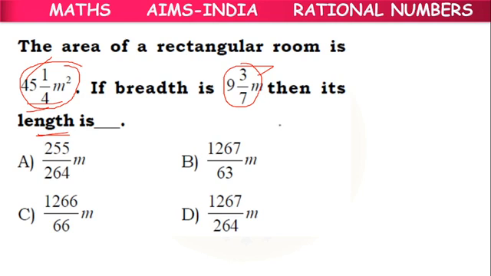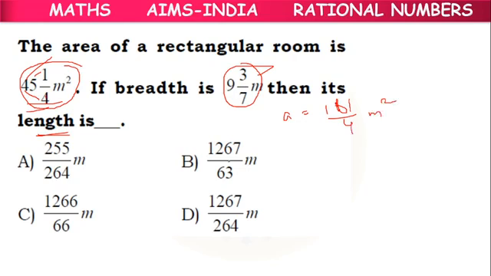So first we have to change them into normal fractions. Area equal to 45 1 by 4: we multiply 4 with 45 and then add 1. 4 fives are 20, 4 fours are 16, 180 plus 1, 181 by 4. The area is 181 by 4 meter square.